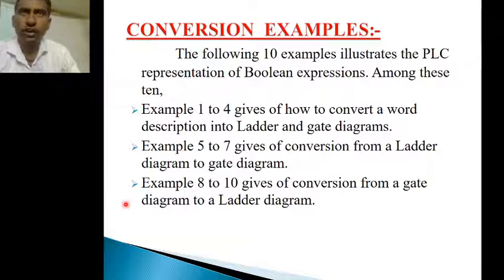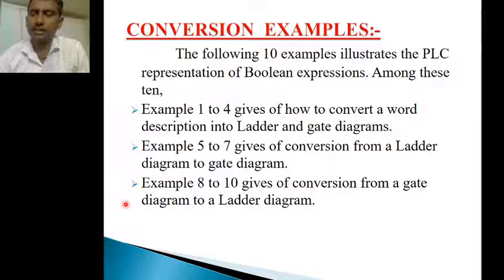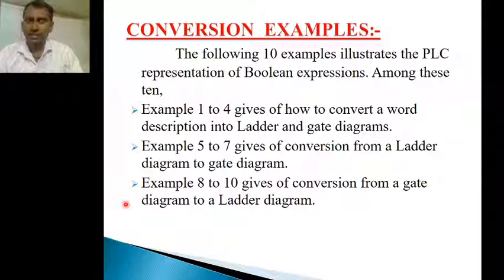So the first 4 examples are word descriptions that will be converted into ladder diagram and gate diagram, the second three are conversions of ladder diagram to gate diagram, and the last 3 are conversions of gate diagram to ladder diagram.